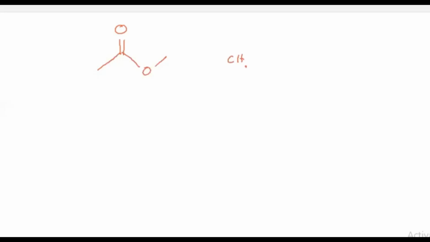So I can say this ester is CH3COOCH3. This part is from alcohol, and this part is from carboxylic acid. So this is methyl ethanoate because this carbon is also included in counting. This part is methyl, this is ethanoate. So we can say this is methyl ethanoate.